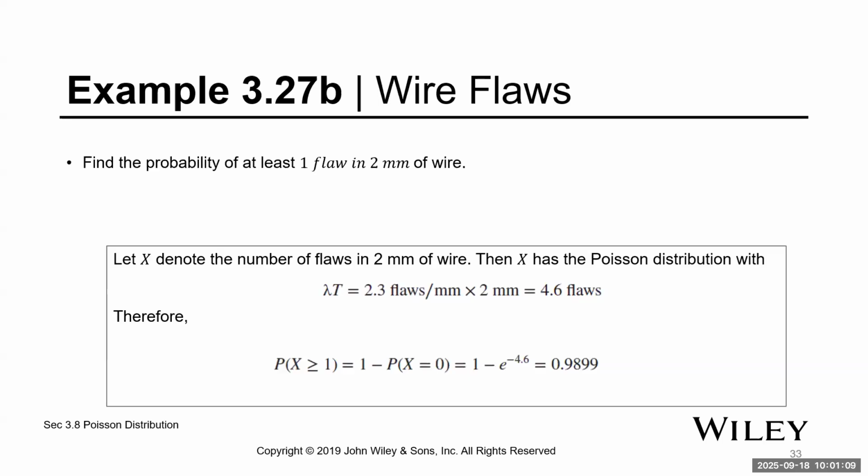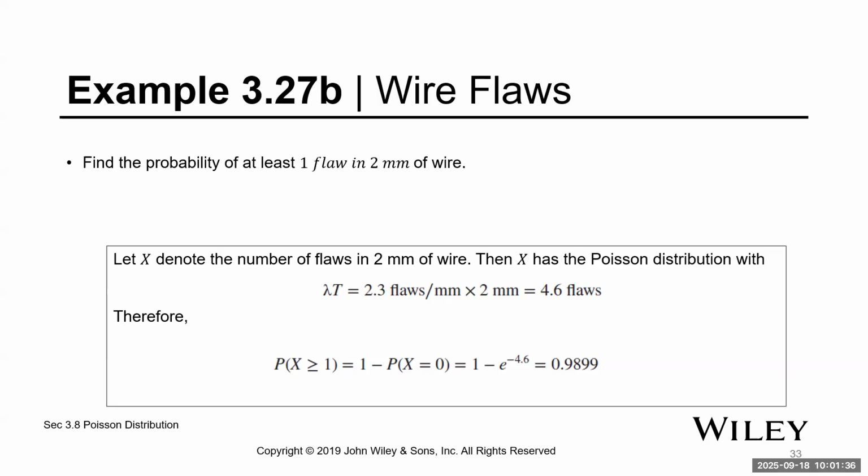So if I wanted to find the probability of at least one flaw in 2 millimeters of wire, I'm looking that the probability is greater than or equal to 1. So that's 1 minus the probability that it's equal to nothing. And so again, I convert that rate, 2.3 flaws per millimeter of wire. I'm looking at 2 millimeters of wire. So my rate, my lambda t, is 4.6.